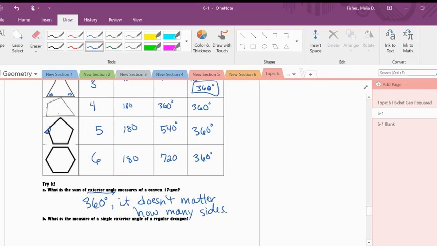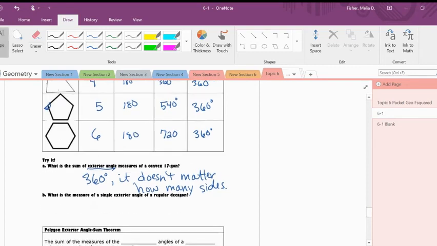Okay, so what is the measure of a single exterior angle of a regular decagon? Well, the sum of the exterior angles is 360, and then a decagon is 10 sides.